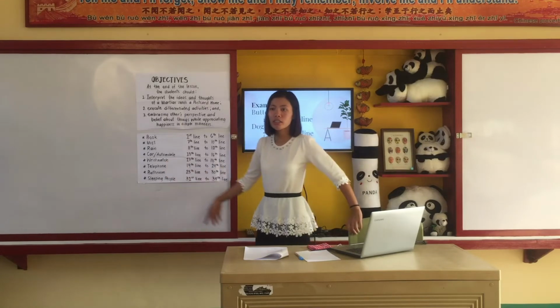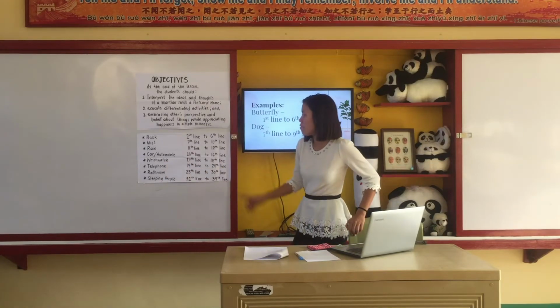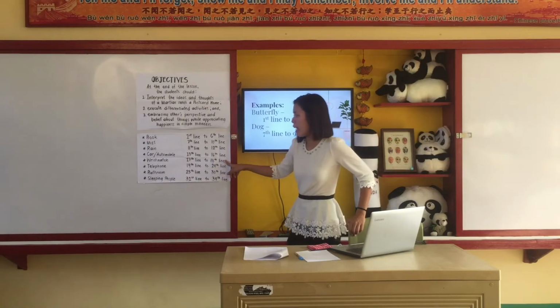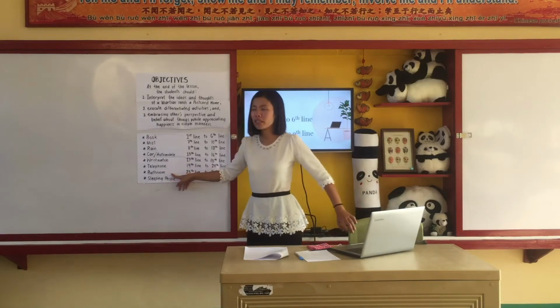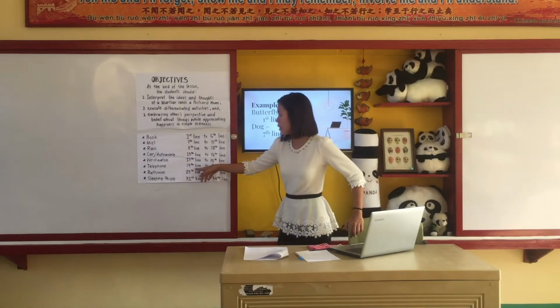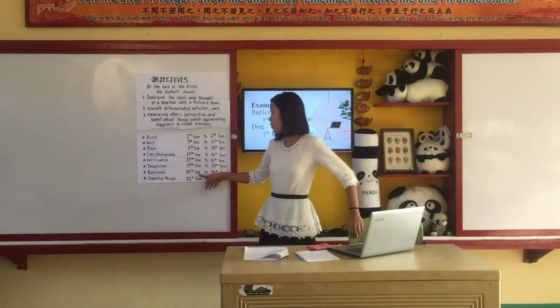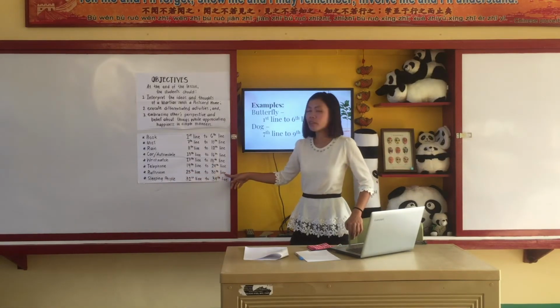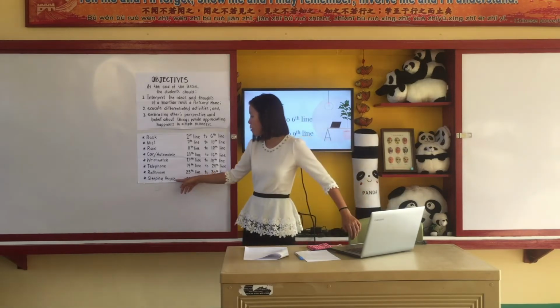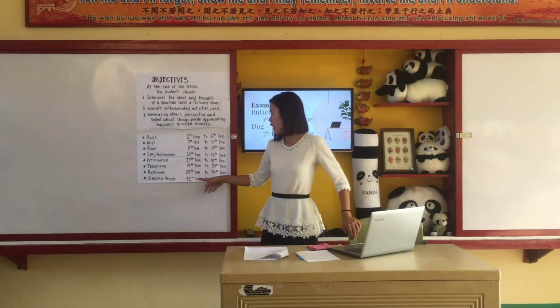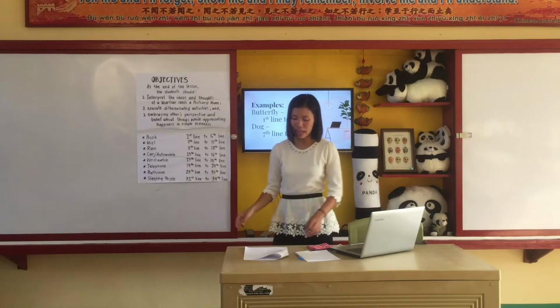Wristwatch, yes, from 17th line to 18th line. The telephone, it's being described in what line? 19th line to 24th line. Bathroom, from 25th line to 30th line. And the sleeping people, from 31st line to the 34th line.